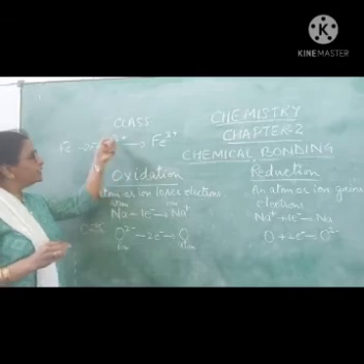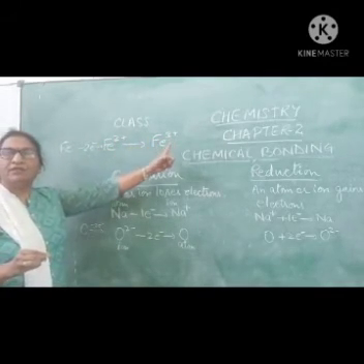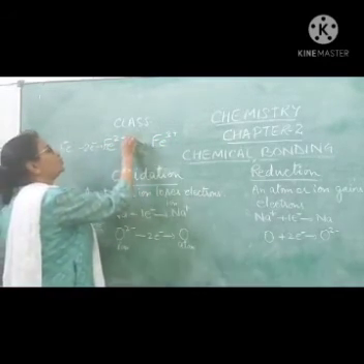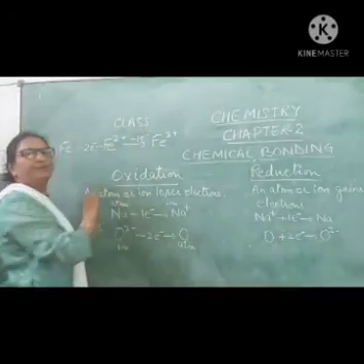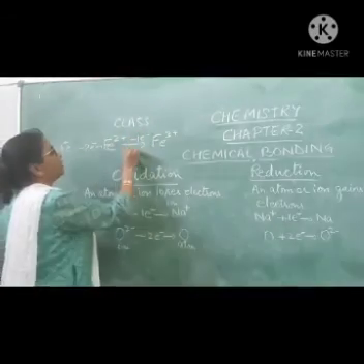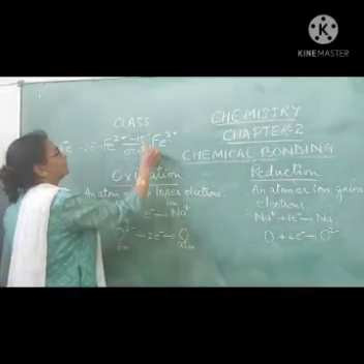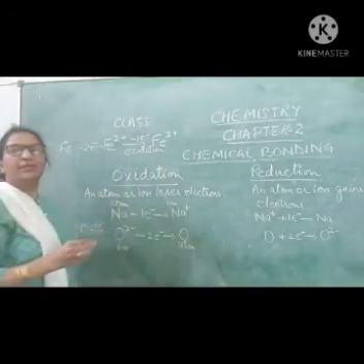And when this Fe2 positive is converted into Fe3 positive, it loses 1 electron. So what takes place? Oxidation.